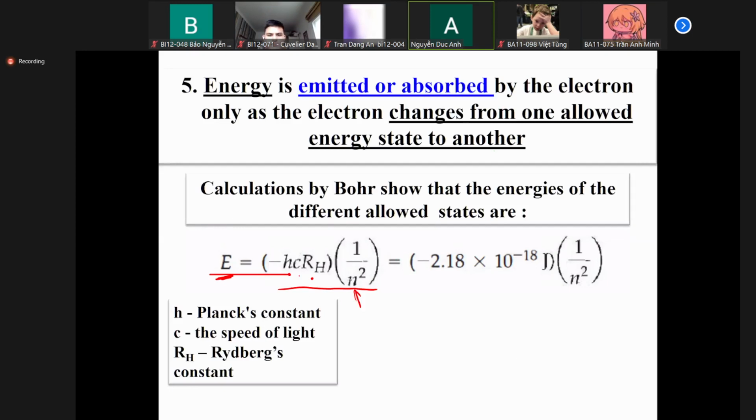So you have several allowed states: n equal to 1 is the first allowed state, the second allowed state n equal to 2, the next ones 3, 4, something like that.